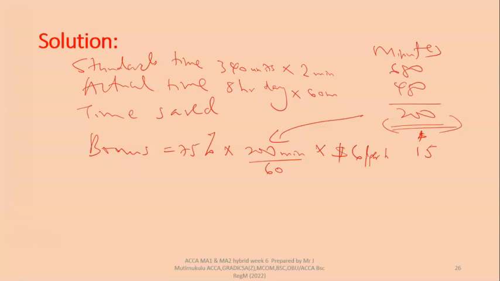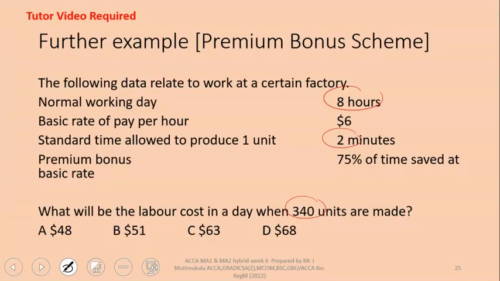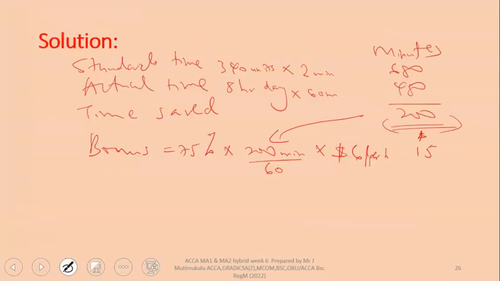But the question is not asking us about the bonus, but it is asking about what will be the labor cost in a day when 340 units are made. So we have to go a bit deeper.